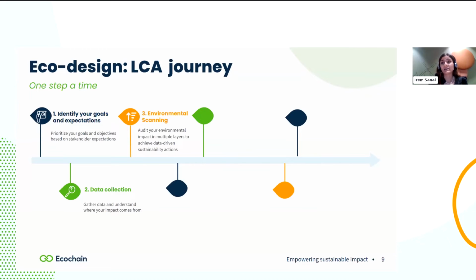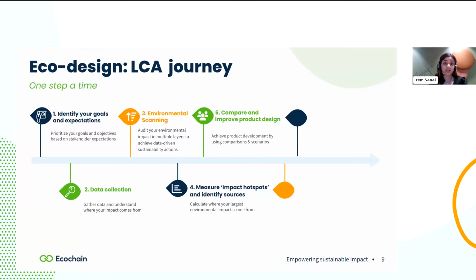What we mean by that is where your emissions are actually coming from. Once you can prioritize your risks, you can zoom in on your specific emissions, what we call impact hotspots, where most of your emissions come from, and take action-oriented steps.